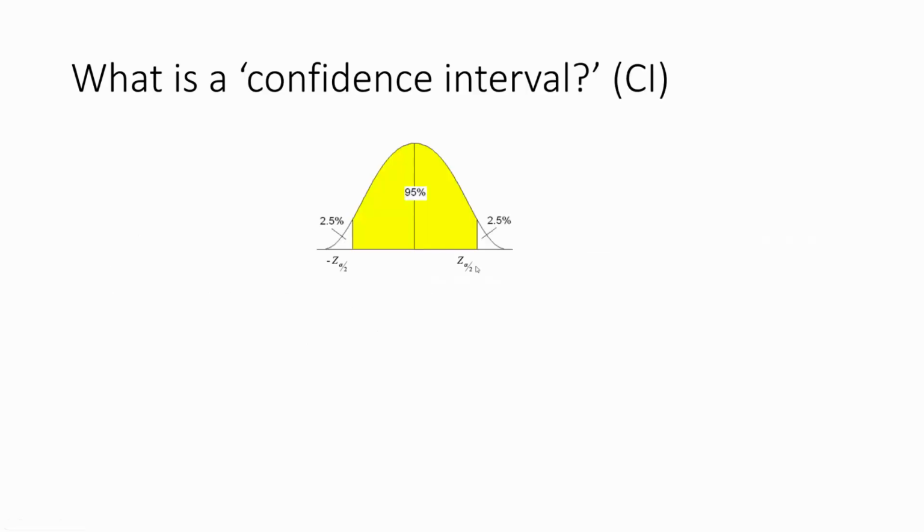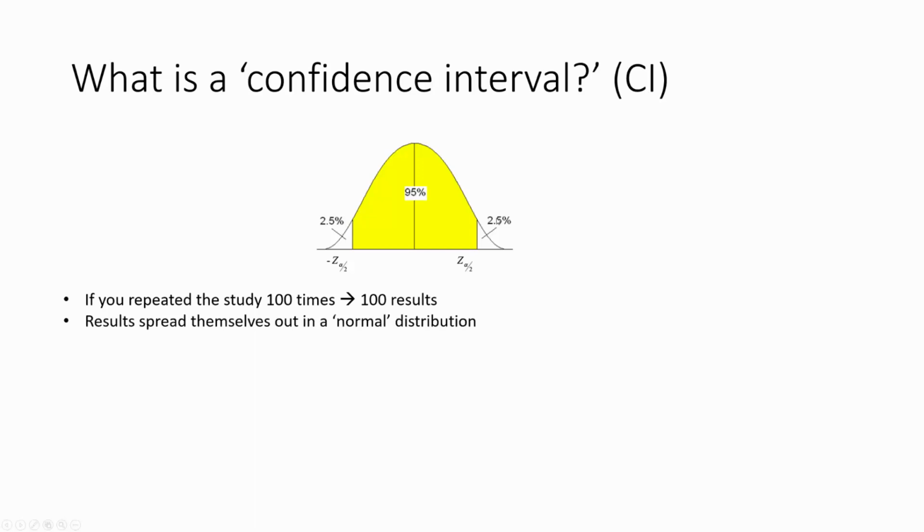The next thing is, what is a confidence interval? This graph, or this picture here, is what we call a normal distribution curve. Let's say you did this study with a trial drug and you did it on 100 different populations. Most of the time the effect that you would get would be somewhere in here. But sometimes, for whatever reason, you might get an effect that's closer to this side, or closer to that side.